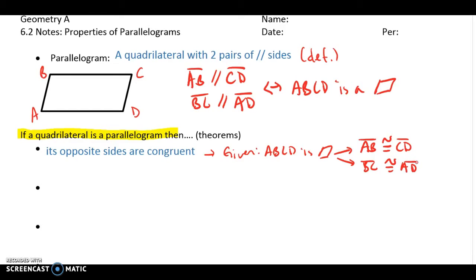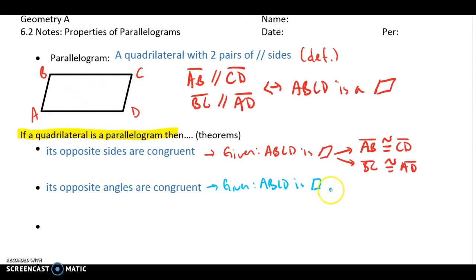The second theorem says that the opposite angles are congruent. So once again, we had to be given a parallelogram, so let's go back to that ABCD. Right? And then what we can say now is the opposite angles are congruent. Remember, opposite angles are angles directly across from each other, meaning they're across that space from each other.